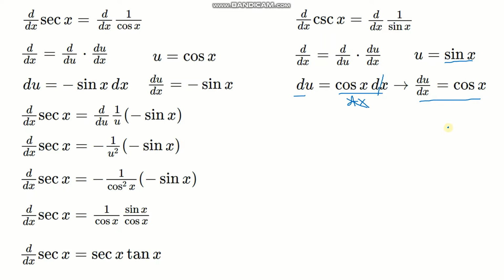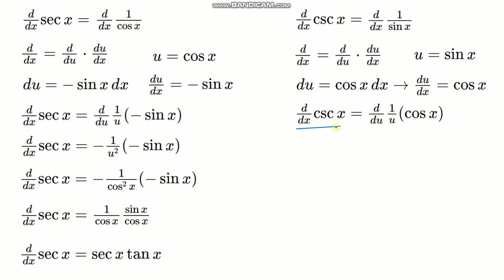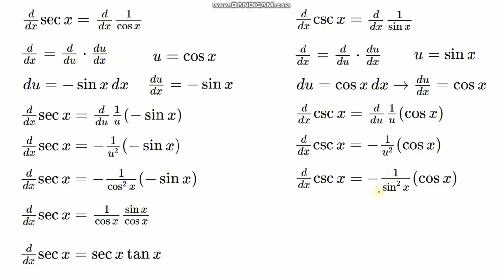By the chain rule, the derivative of cosecant x is the same as the derivative of 1 over u times du over dx, which is cosine x. And the derivative of 1 over u is negative 1 over u squared, same as what we did here, times cosine x. Since u is sin x, we have negative 1 over sin squared x times cosine x, and sin squared x is the same as sin x times sin x.